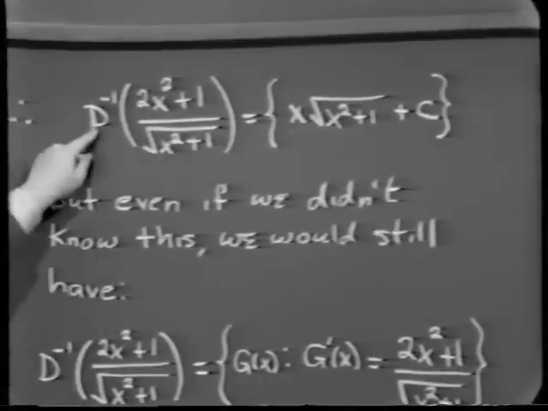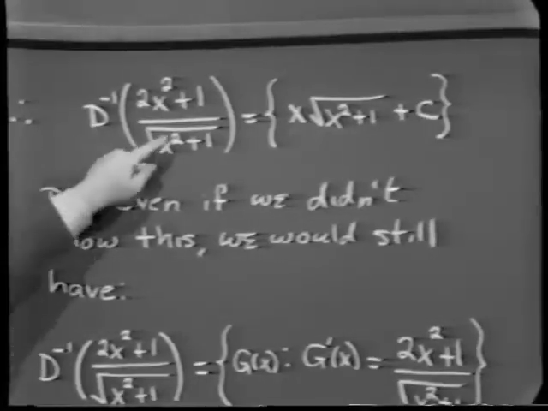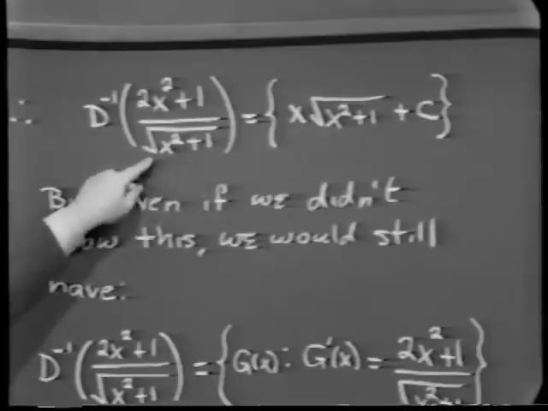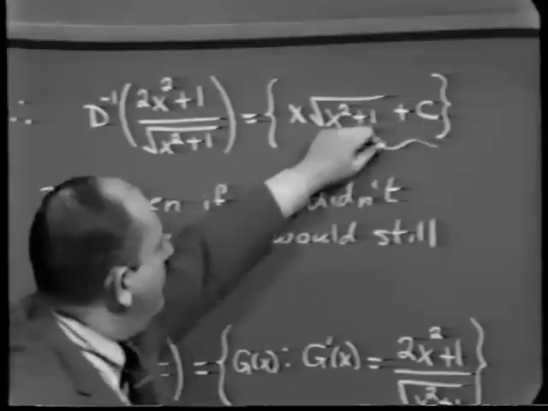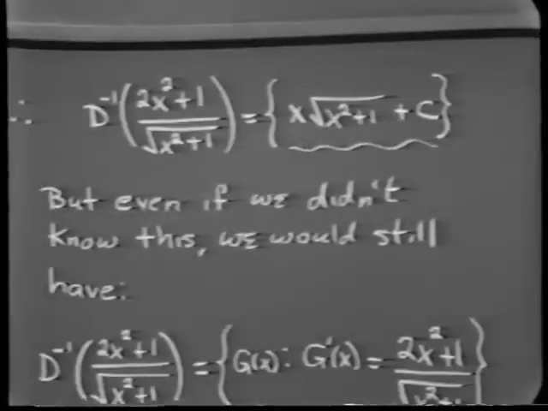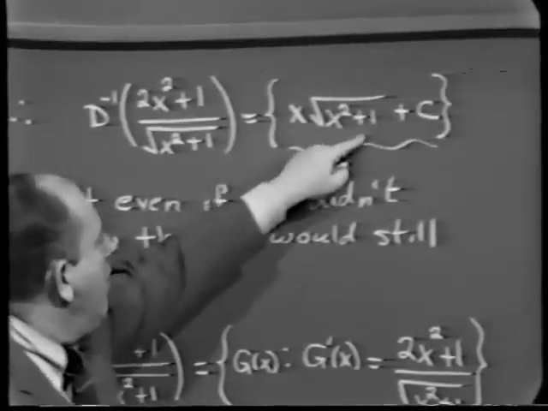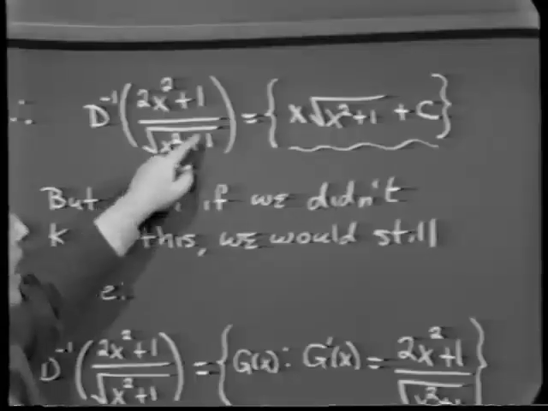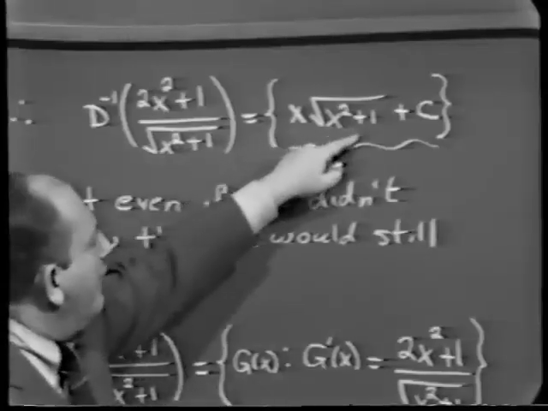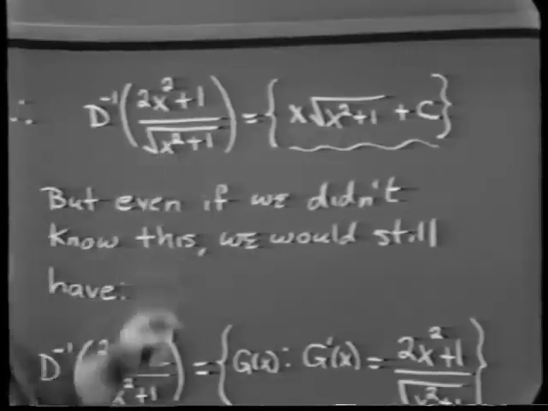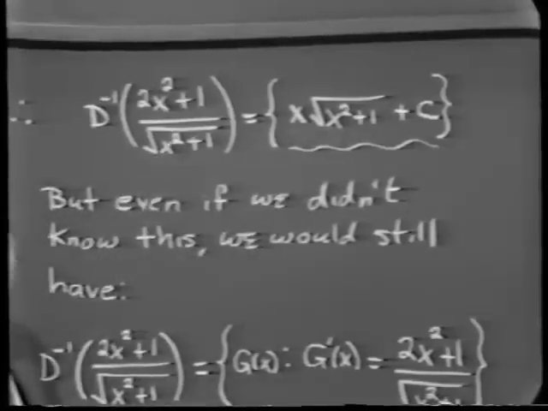Consequently, every function which has that derivative must come from this family. Everything of this form will have its derivative equal to this, and any other function cannot have its derivative equal to this by our corollary to the mean value theorem.